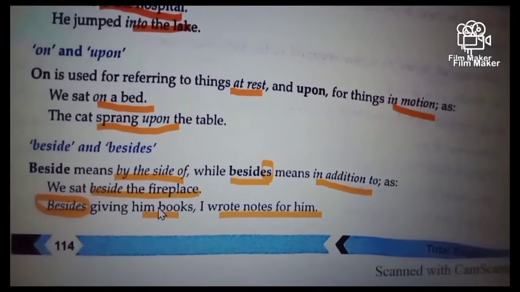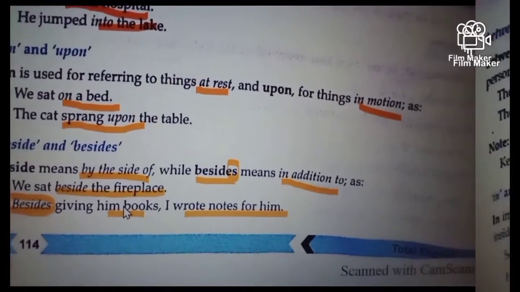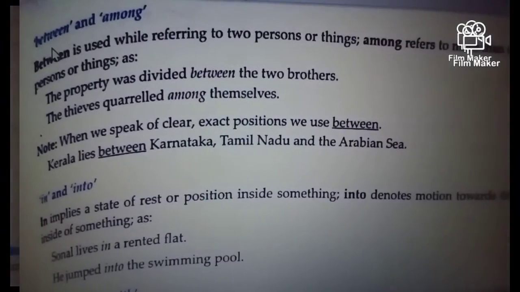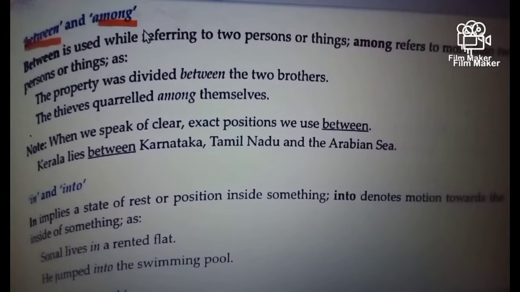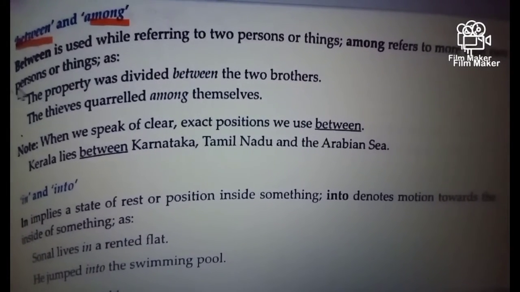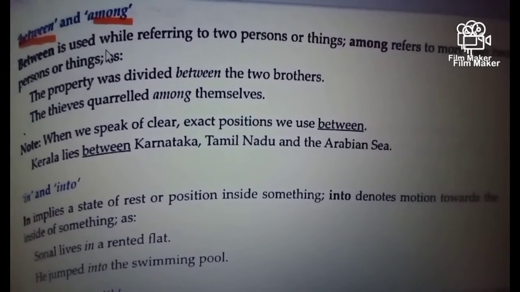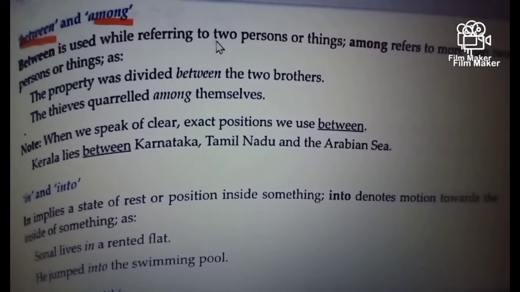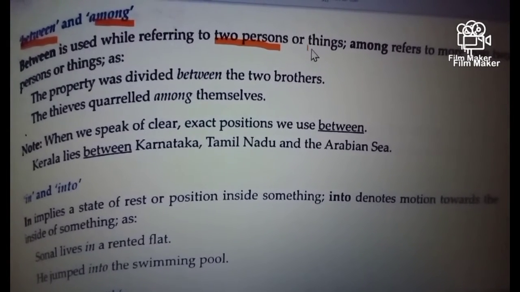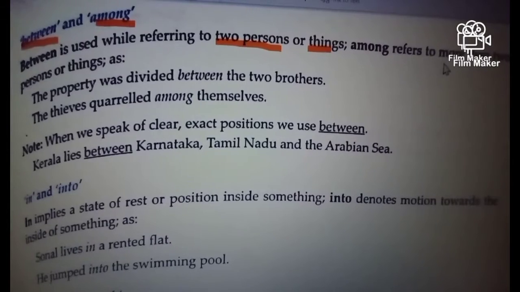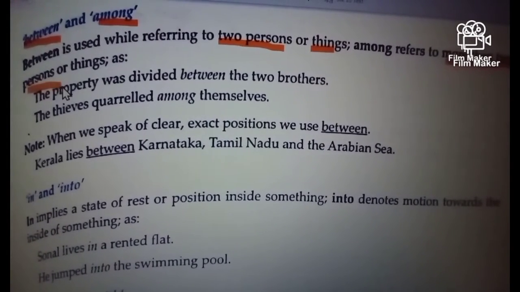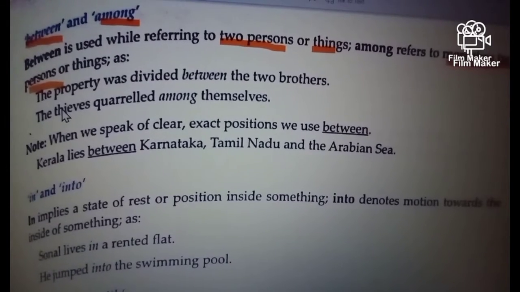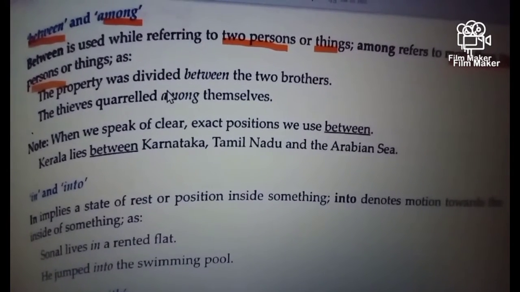Okay, move on and let's take a look at some more. Between and among, just like beside and besides. Note a difference. Between is used while referring to two persons or things, and among refers to more than two things or persons. For example, the property was divided between the two brothers.